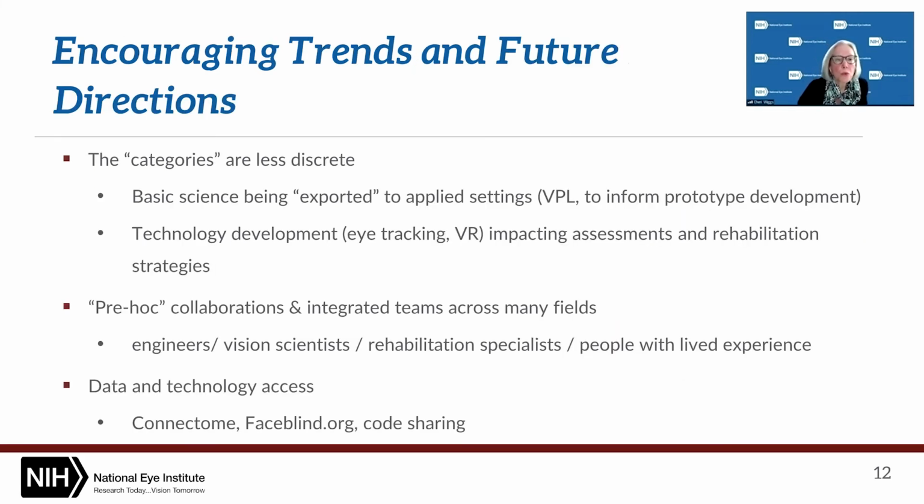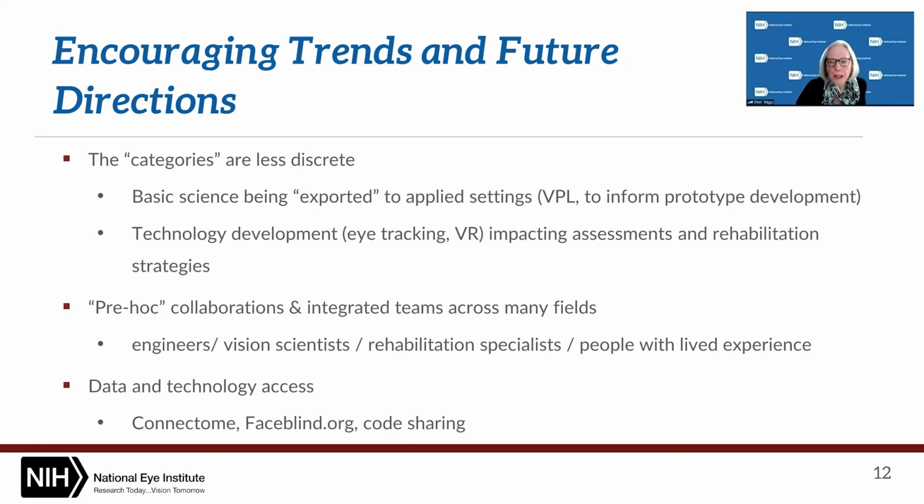So we're seeing a number of encouraging trends that could lead to future directions in the program that I want to highlight on this last slide. First of all, I presented initially 3 different categories of science that are supported by this program, but that line is really getting harder to draw. Basic science is being exported to applied settings and often within the same project.